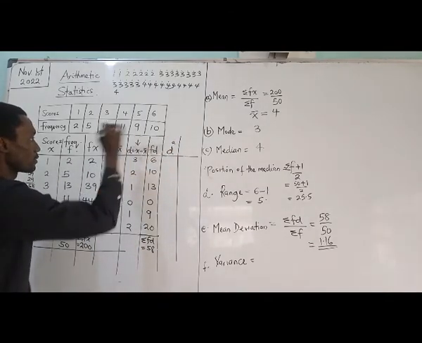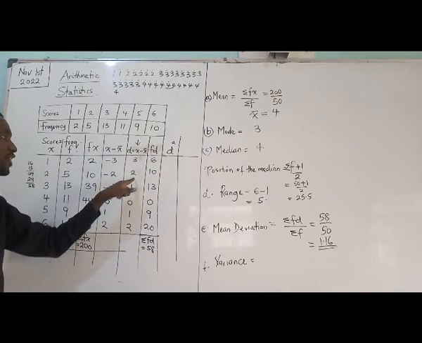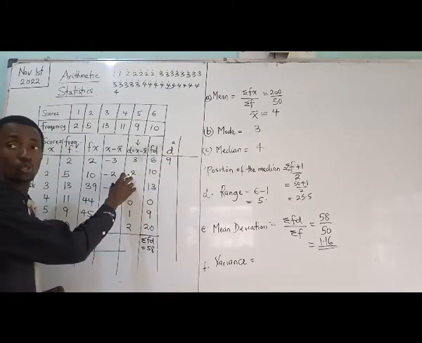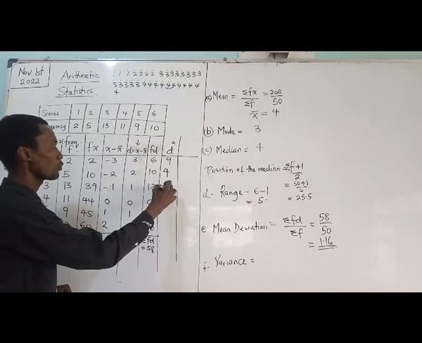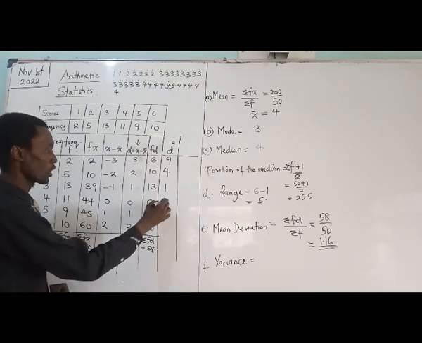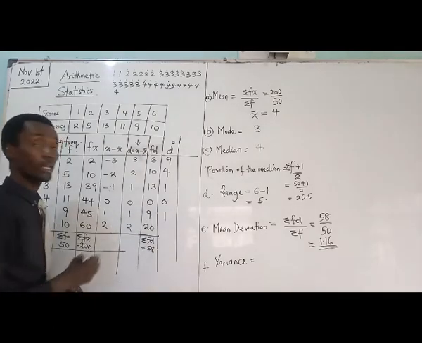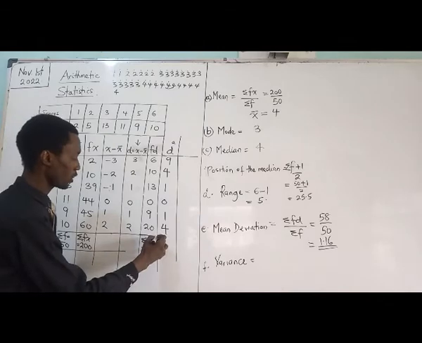It is this one. So, I square whatever value I'm seeing here. 3 squared will be 9. 2 squared will be 4. Are we together? 1 squared will be 1. 0 squared will be 0. And 1 squared will be 1 again. And 2 squared will be 4. Let's be together. Let's focus.